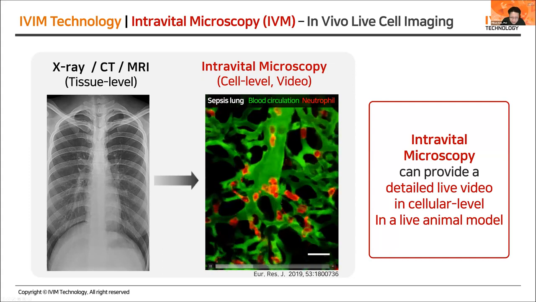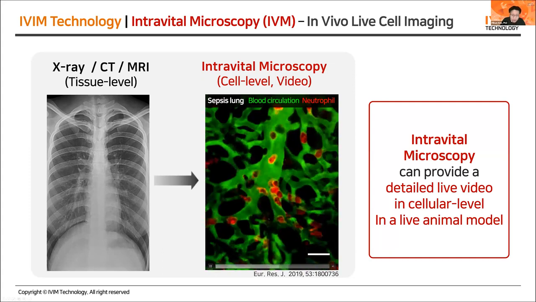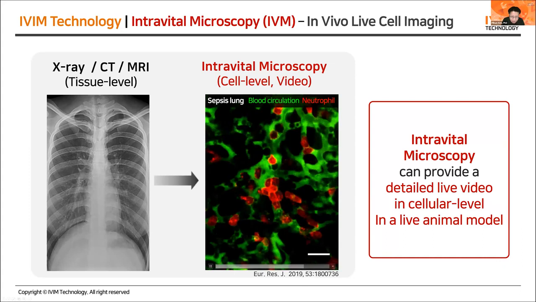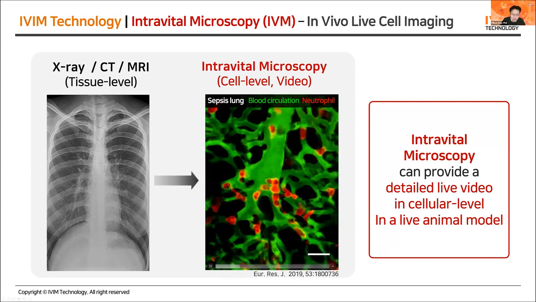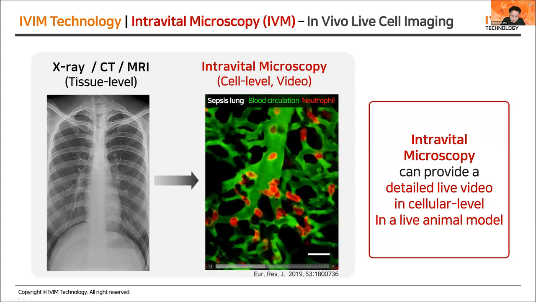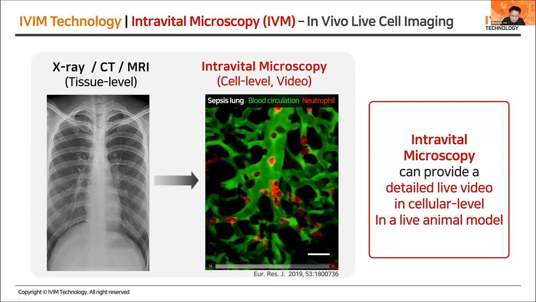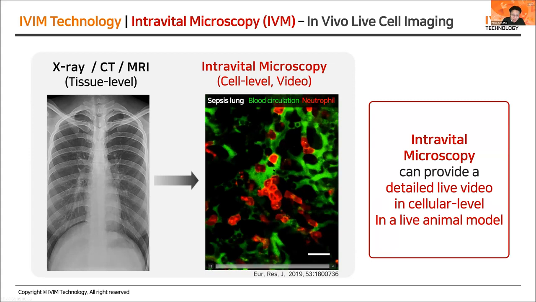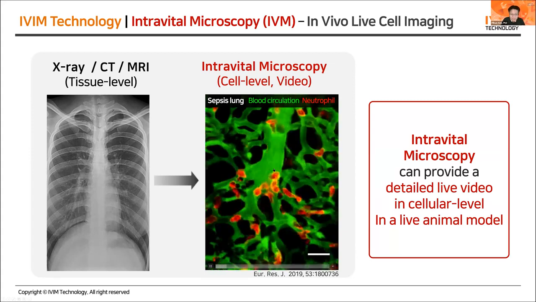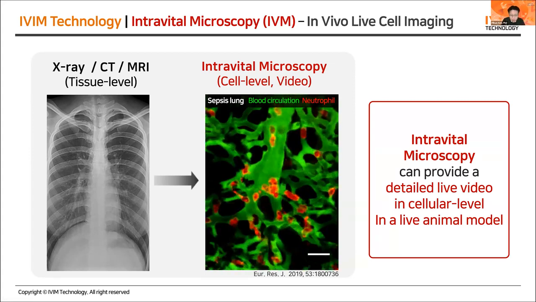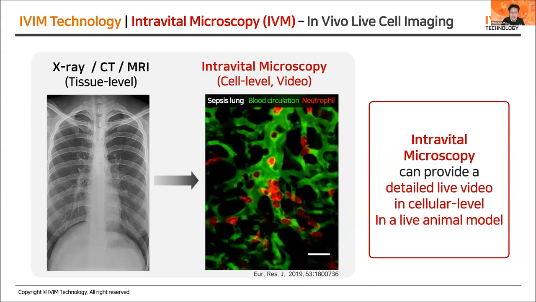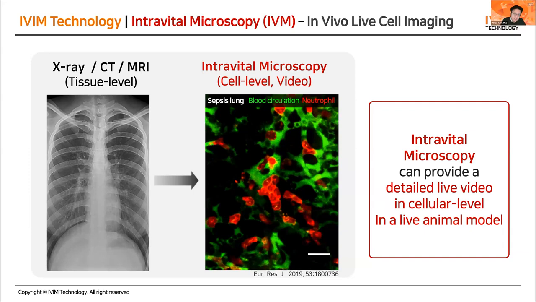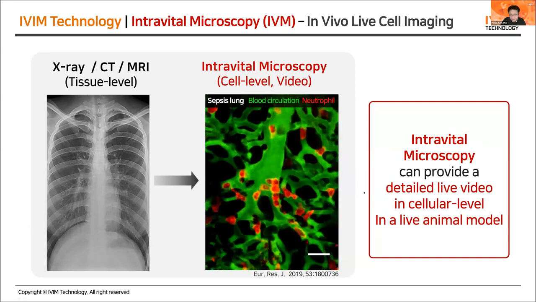You can see in the middle, these neutrophils contact together, and suddenly they completely block one of the vessels here. Now the blood flow is completely stopped. This is one of the major cellular-level events that happened in the lung of the sepsis animal model.